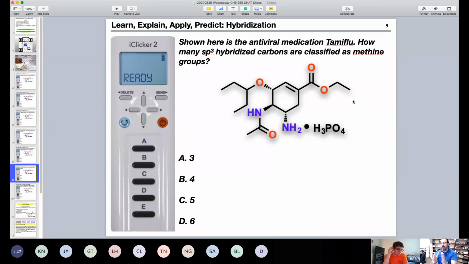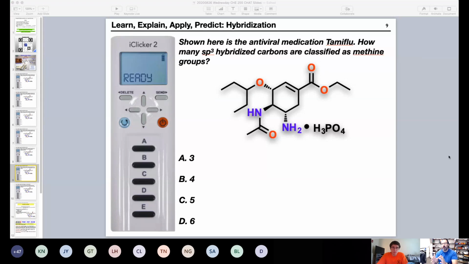And then we've sort of resolved them, right? We've taken all the sp3 carbons and resolved them between methyl, methylene, and methine. So as we learn chemical reactions, we can say, okay, this reaction only acts upon methyl groups. And so we've eliminated the methylene and methine.